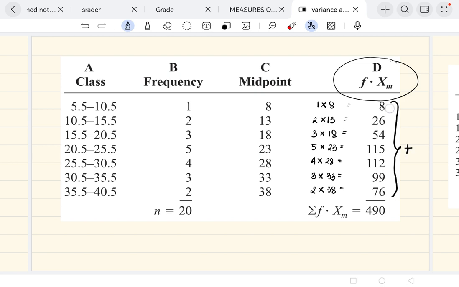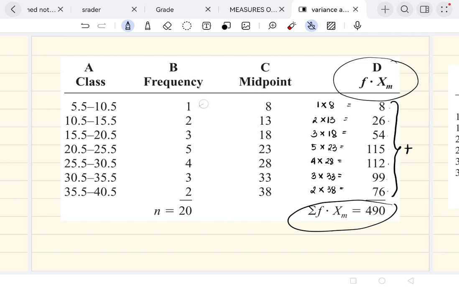So 8 plus 26 plus 54 plus 115 plus 112 plus 99 plus 76 is 490. So the summation of frequency times the midpoint is 490.